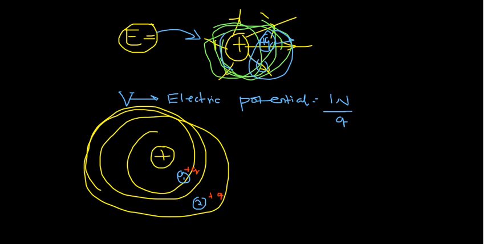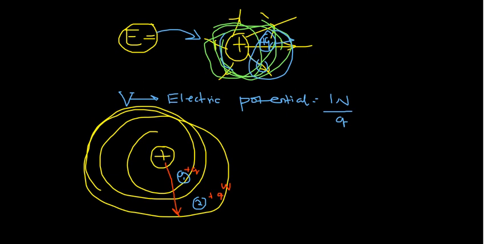If you observe, when I keep the charge at point 2, we experience very less potential, because when I'm very far away from the charge, the effect of the electric field is very less. Therefore work done will be less.